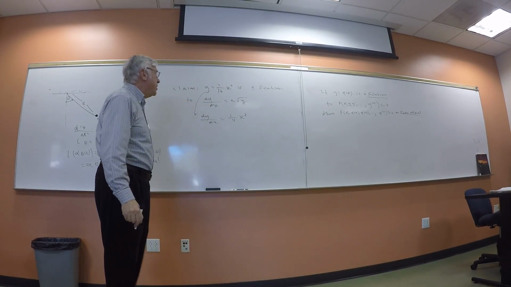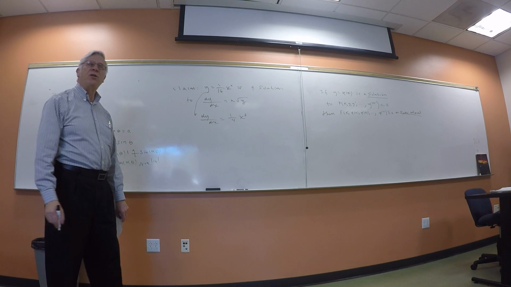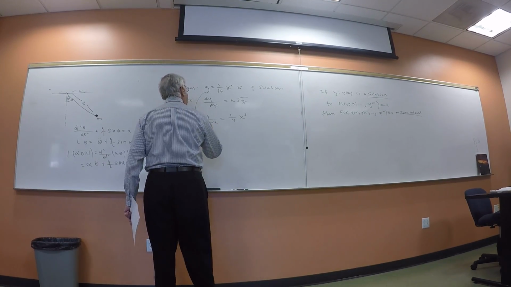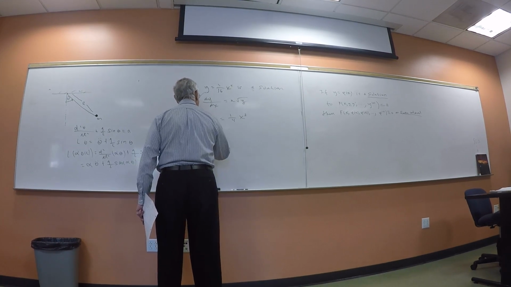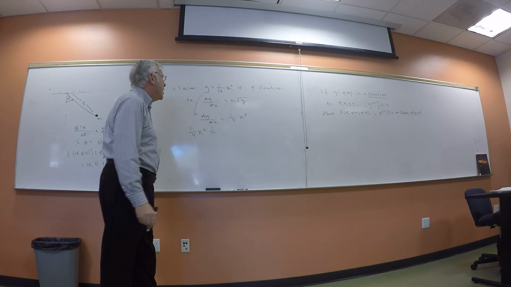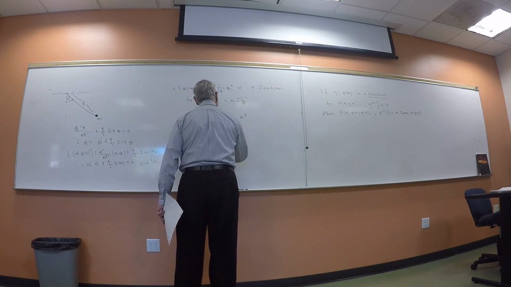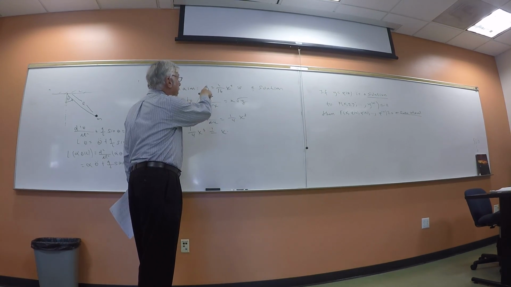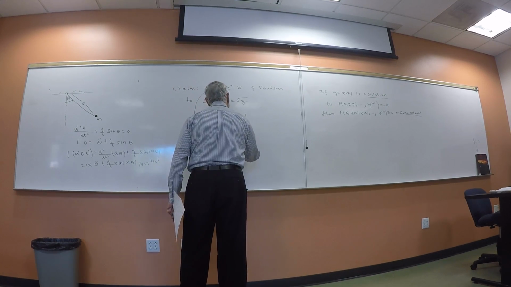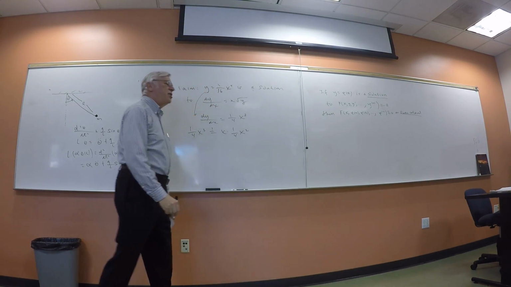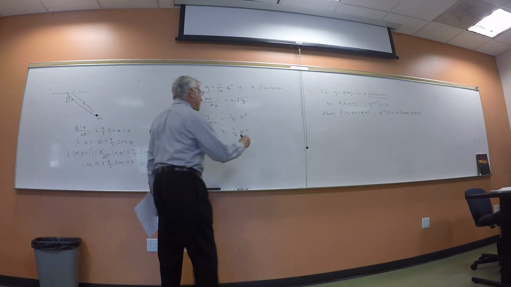Plug that into the left, plug it into the right, and see what happens. So now we plug into the equation: we have 1/4 x cubed, with a question mark, that's the left-hand side, and on the right, x radical y. Well, what's the square root of y? Remember, it's a positive square root, so it's 1/4 x squared. And clearly the right-hand side is 1/4 x cubed, yes.